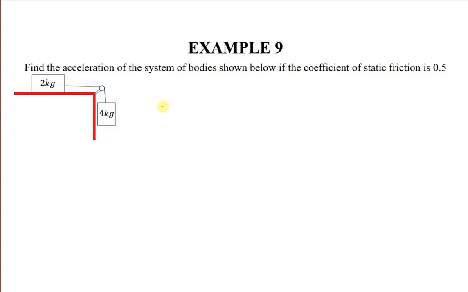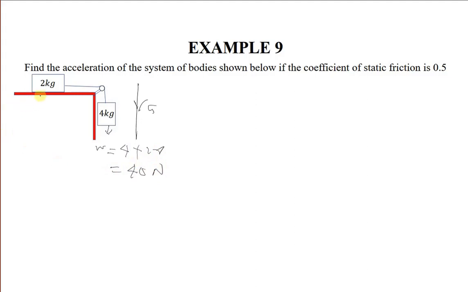So the first thing we are going to do, let us assume our direction. Let's assume the system is moving down. Now the weight is always downward. W will be 4 times 10, and that will give me 40 Newton.